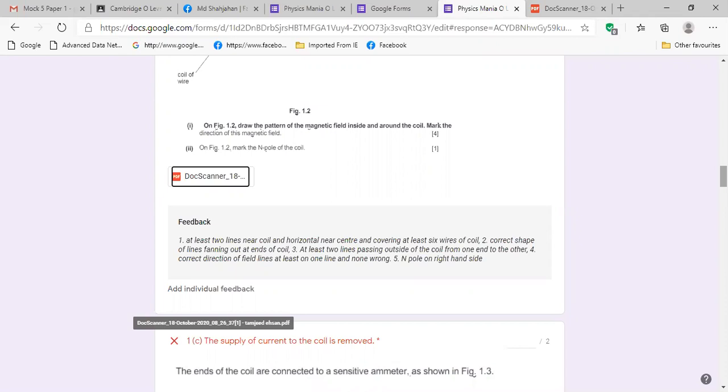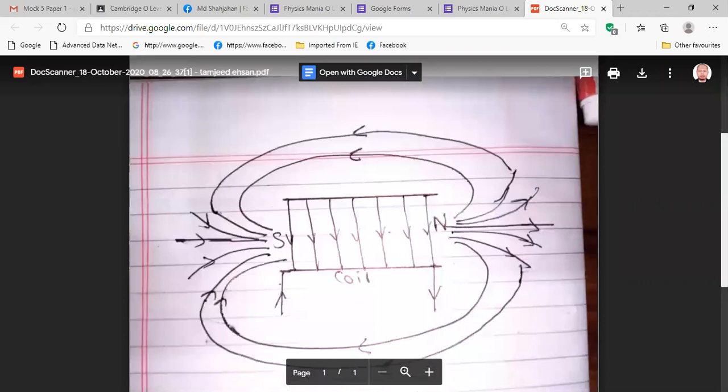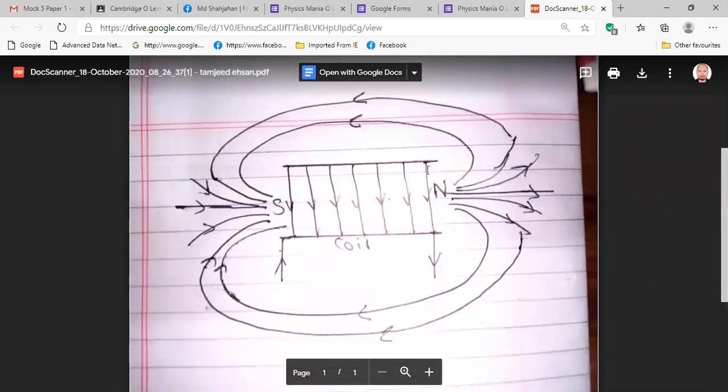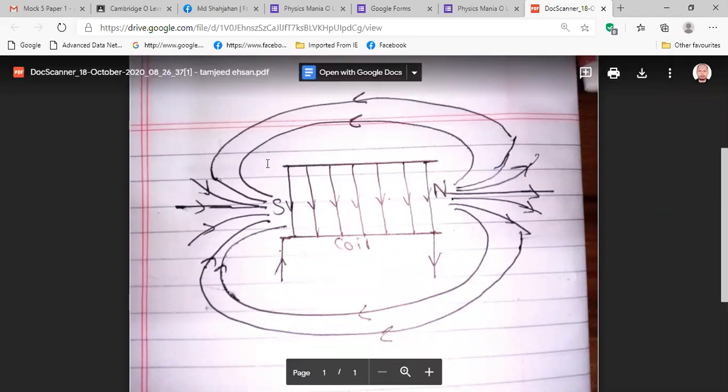For correct direction of field lines, at least one line and none wrong. And pole on the right hand side. So your north pole is on the right side, and correct direction. We have correct direction.